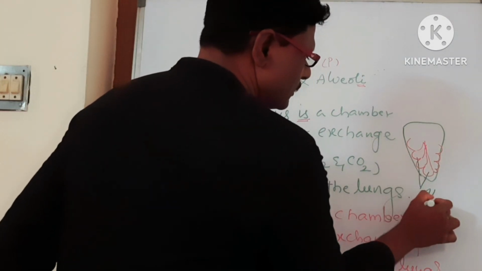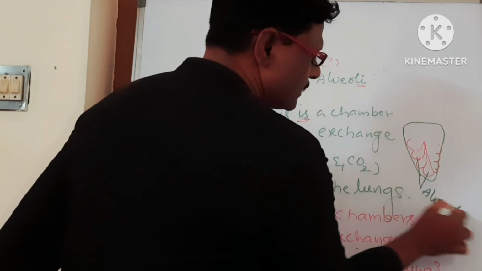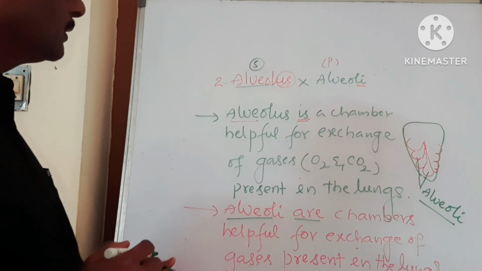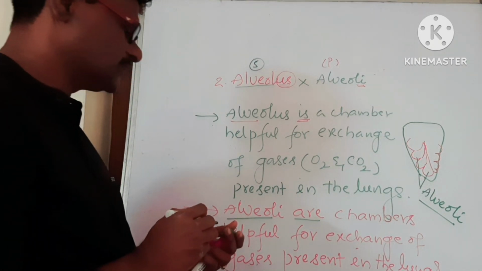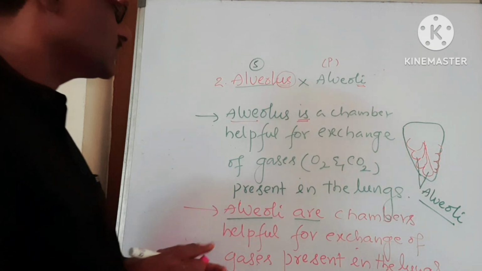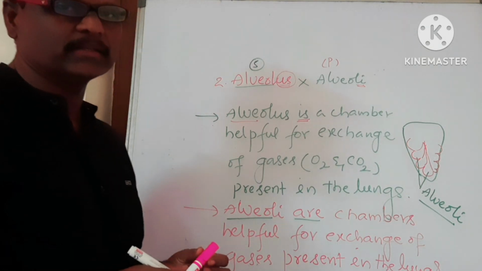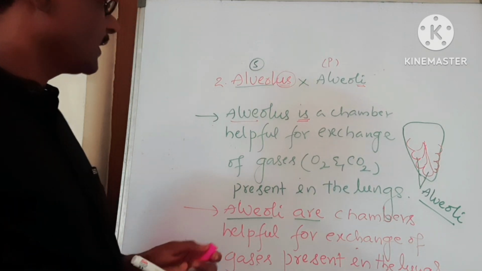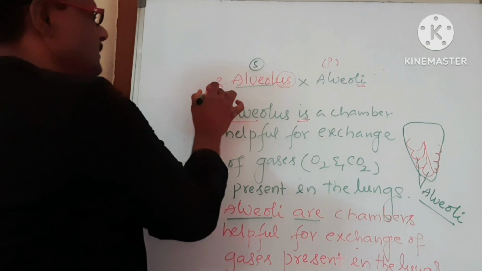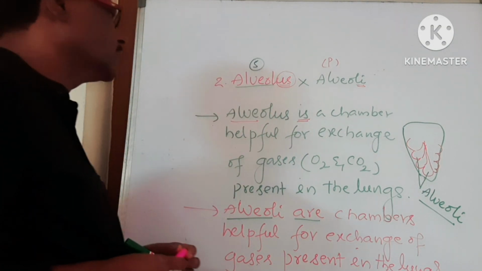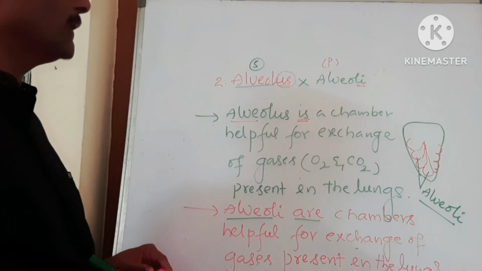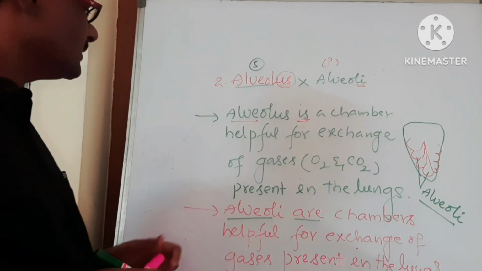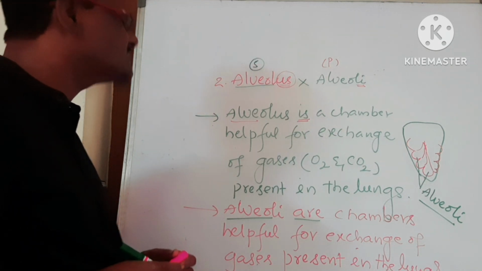These are alveoli. So alveoli are the chambers present in the lungs which are helpful for exchange of gases. Oxygen is taken in, carbon dioxide is sent out. I think you would have understood the second irregular plural, alveoli. The same word we use in another context, alveolus.